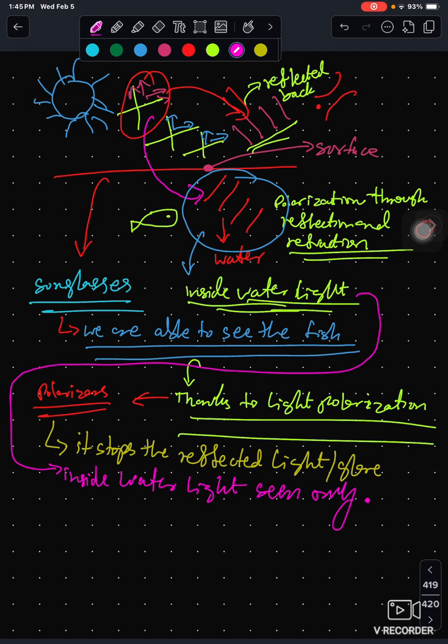This is the reason we have better vision of our surroundings in daylight using sunglasses.